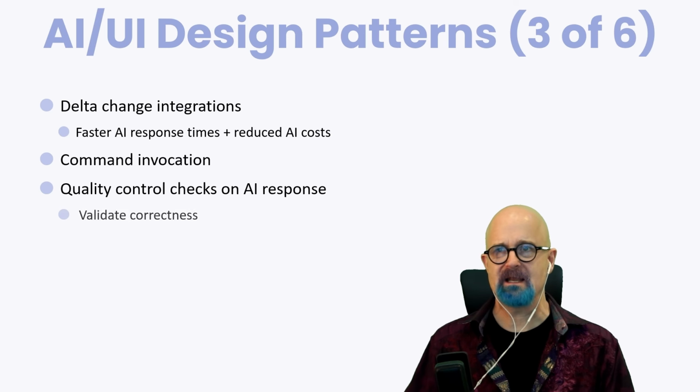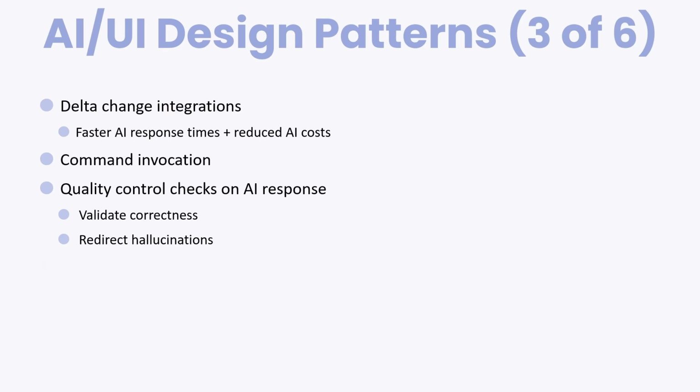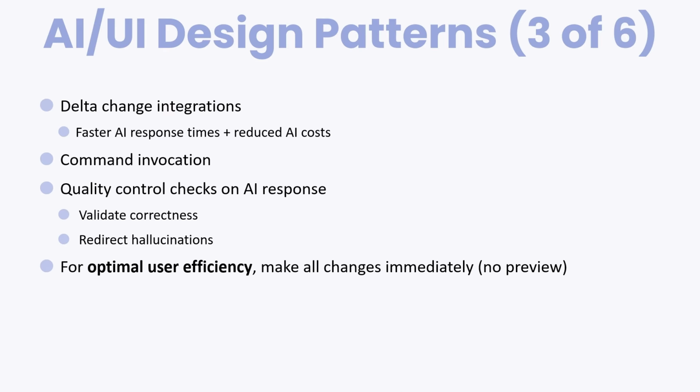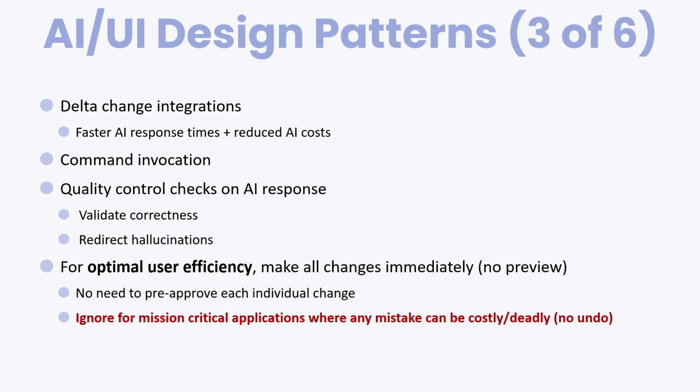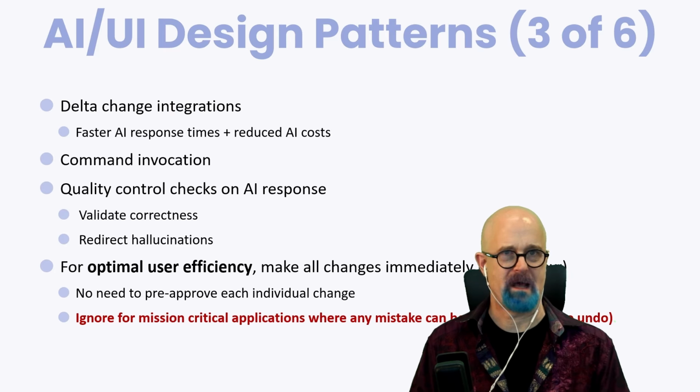You want to validate the correctness of the response and redirect hallucinations. For optimal user efficiency, you want to make all changes immediately. Don't preview them first. Now, ignore this bullet point if you've got mission-critical applications where any mistake can be very costly or deadly without undo.